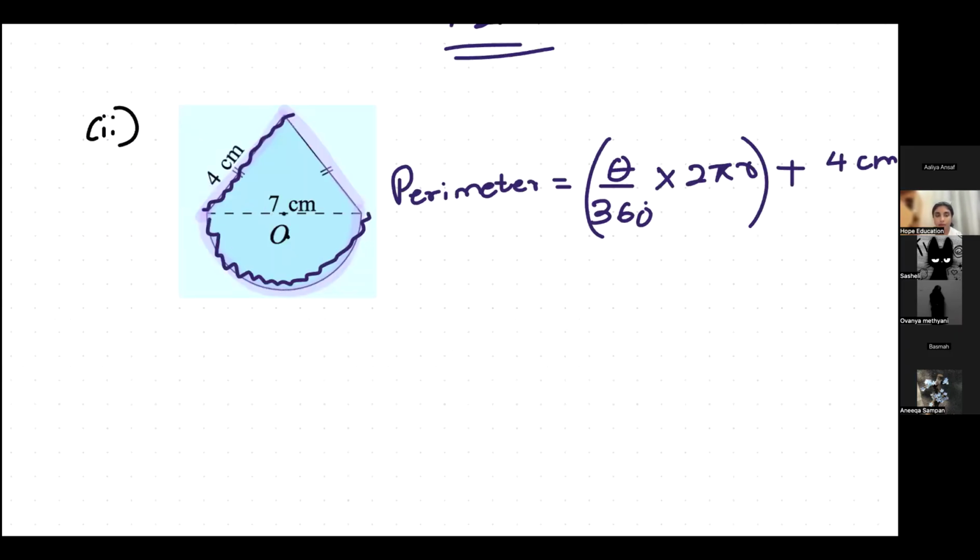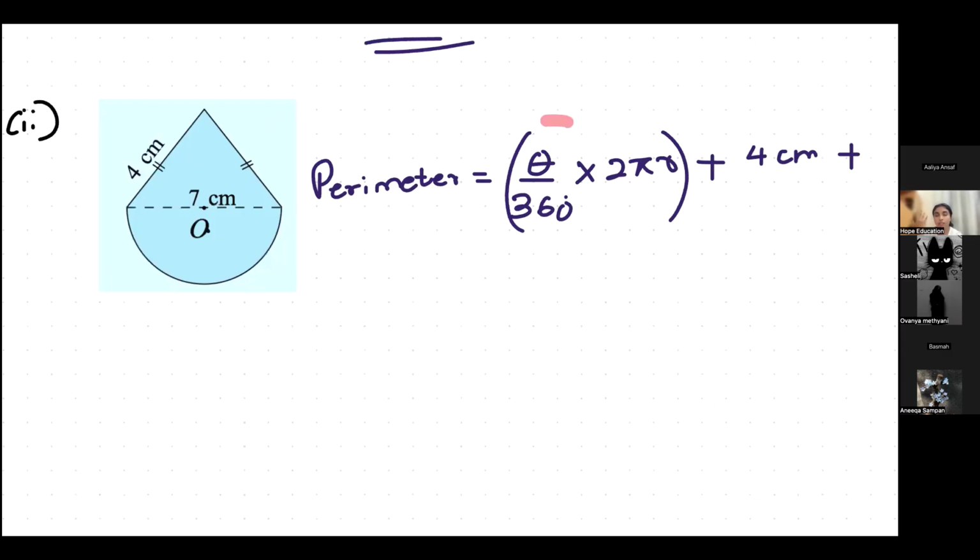What is this length, kids? Can you all hear me? Did you all understand what I said? Which length, teacher? Yes, I will show again. Here, this arc length. You know the arc length is theta over 360 multiplied by 2 pi r.